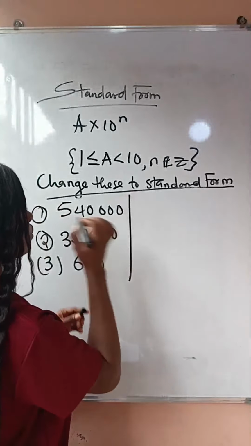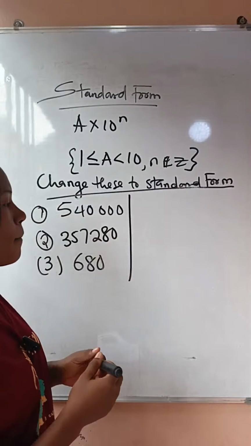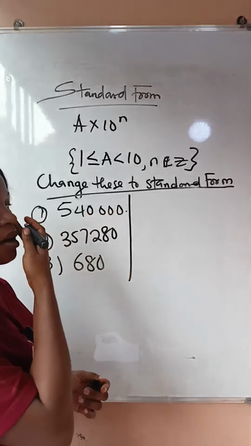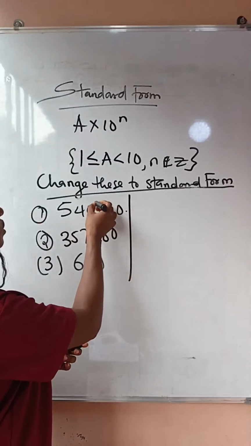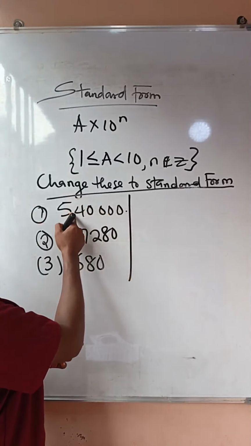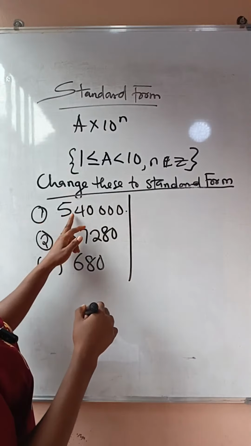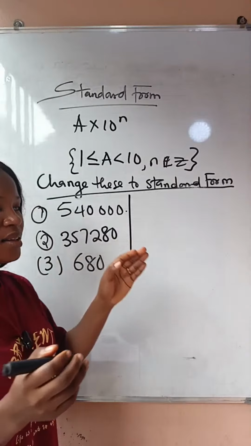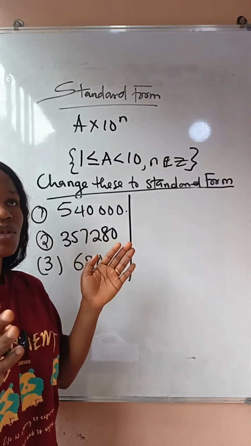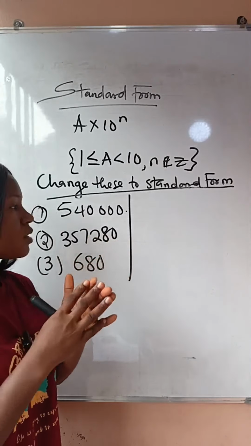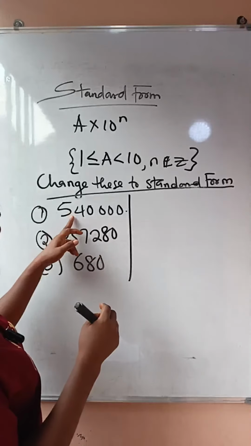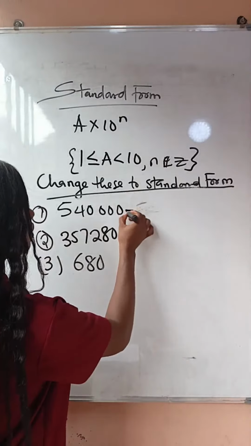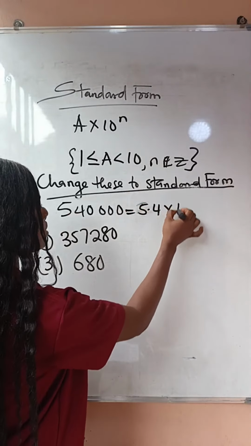Now, we are going to write the answer. Remember that this is a whole number, so the decimal point is here. Notice that we need to shift this decimal point till we get to this point, that is between the first two significant numbers. So it's definitely going to be 5.4, right? 5.4 times 10 to the power of.